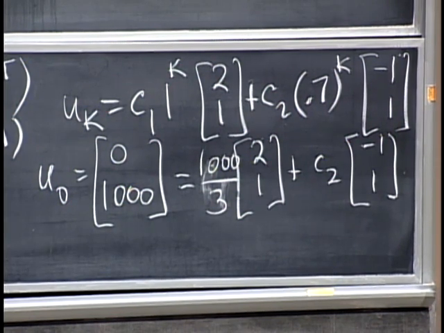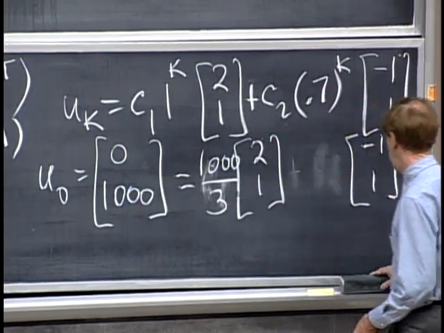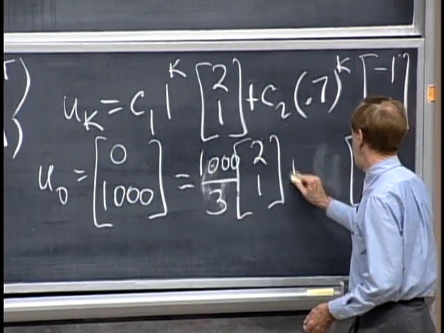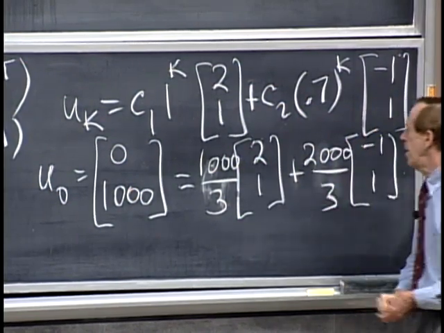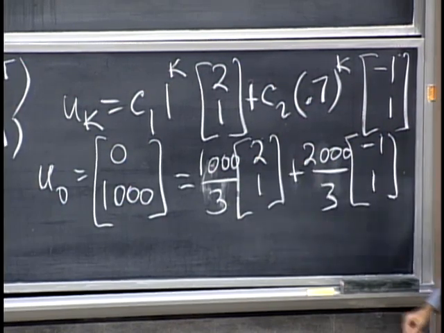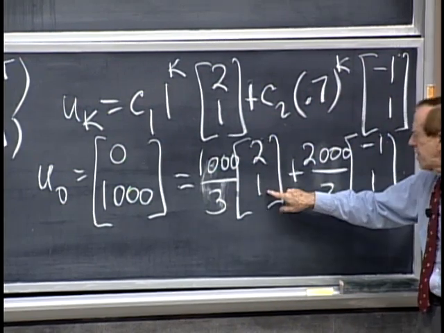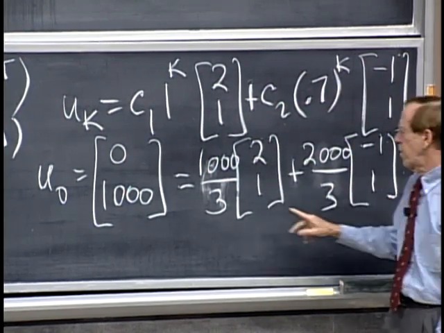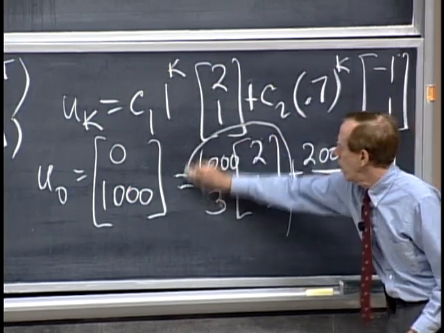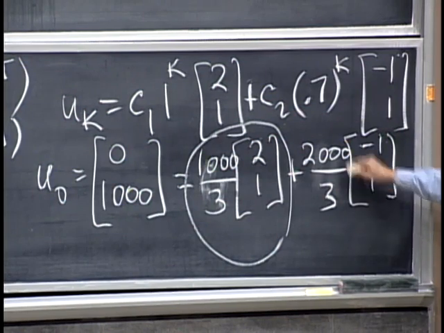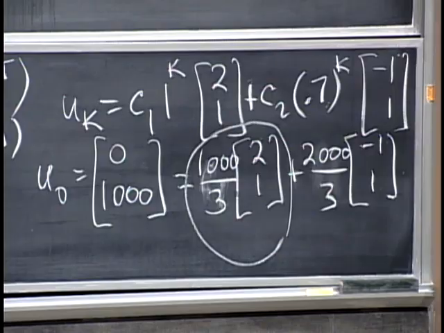We want to get a 0 here, so maybe we need plus 2,000 over 3. I think that has to work: 2 times 1,000 over 3 minus 2,000 over 3 gives us the 0. And the 1,000 over 3 and the 2,000 over 3 give us 3,000 over 3, the 1,000. So this is what we approach, and the part with the 0.7 to the kth power is the part that's disappearing.